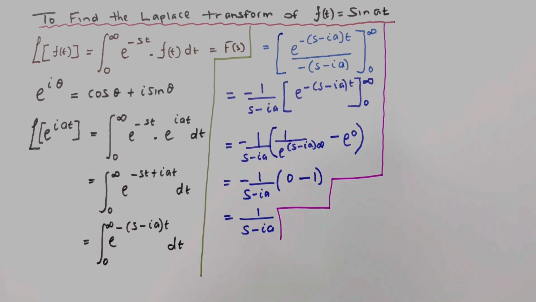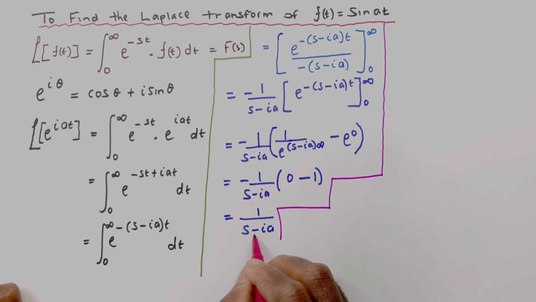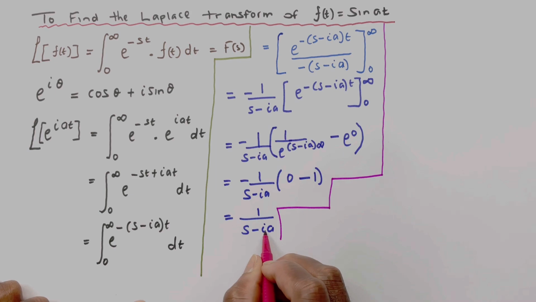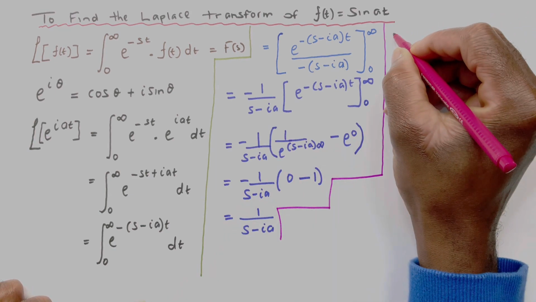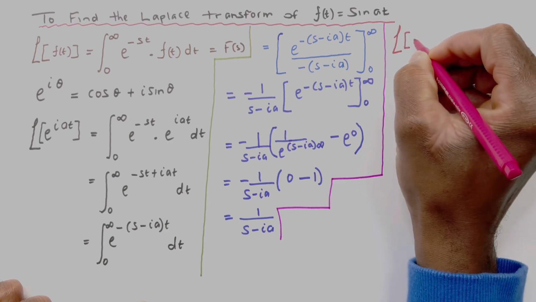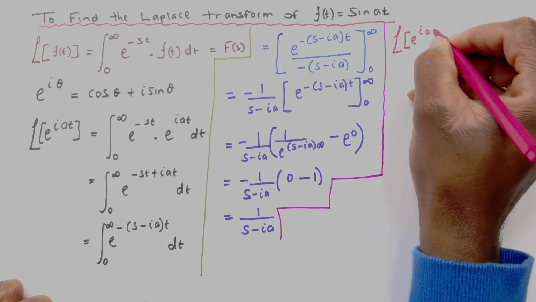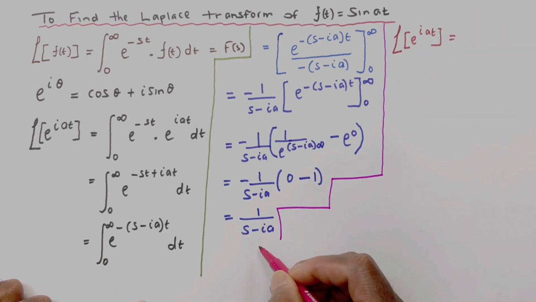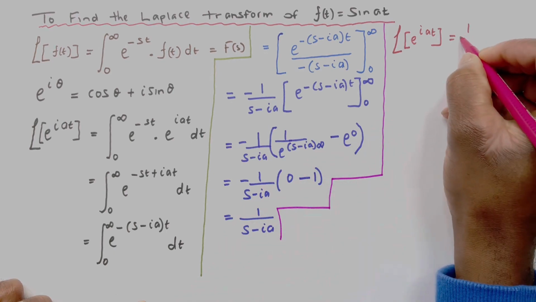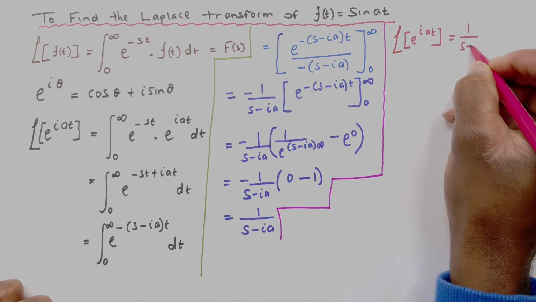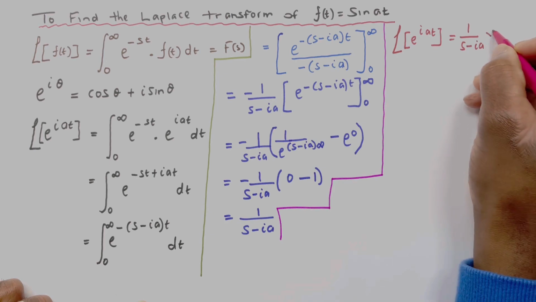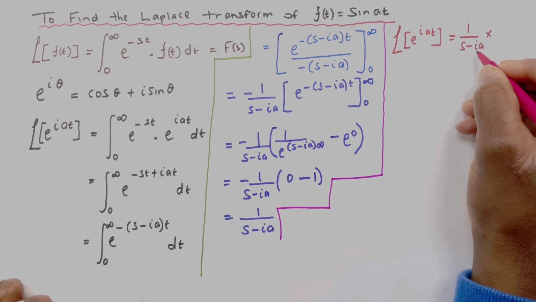So now I'm looking at a complex denominator. I need to rationalize the denominator, because we don't want a complex number in the denominator. We're still doing the Laplace of e to the i a t. 1 over (s minus i a) times the conjugate of the denominator.